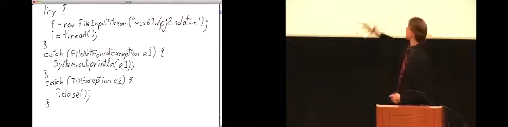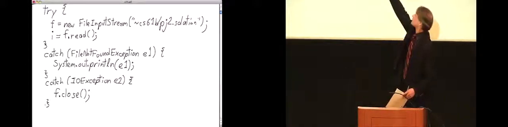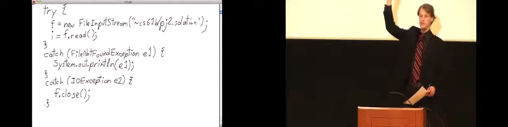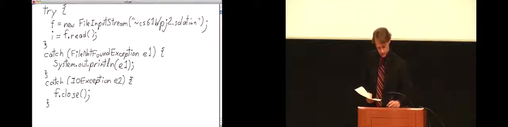Now, several things to note about this code. First of all, each catch clause declares a particular type of exception and then a variable name. And those variable names really are variable declarations.